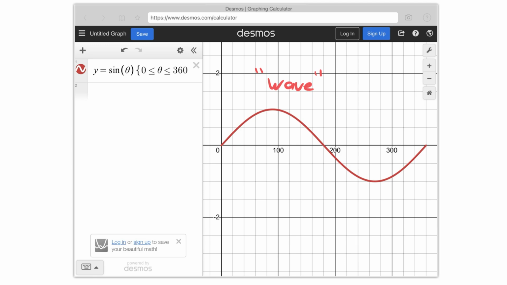And what I really like about it is that we could actually get this graph without all of the points. Once we know the general shape, just like other graphs, as long as we find the key points, it'll really help us sketch it. So what I would encourage you to do is pause the video and think about the 5 key points you might use to sketch sine of theta.